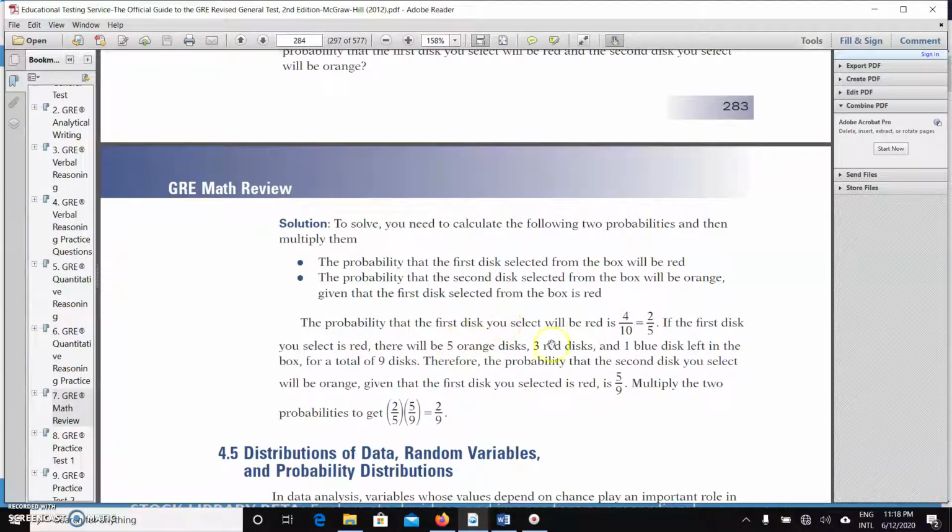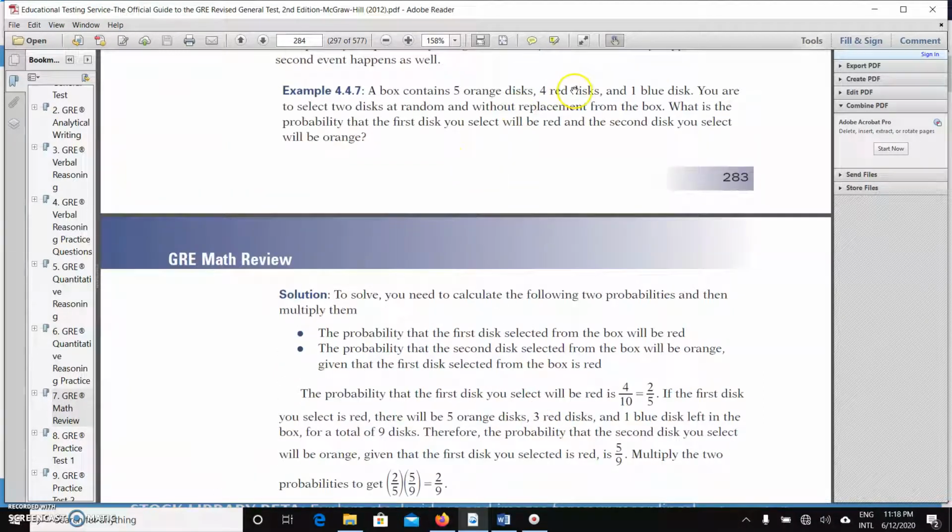The probability that the first disc you select will be red is 4 over 10, like I explained. If the first disc you select is red, there will be 5 orange discs, 3 red discs. There will be a change. Look at the change. Before, you had 4 red discs, but because you've picked a red, it remains 3 red discs and 1 blue. So you are going to make your choice based on this, and the total number of discs left is 9.